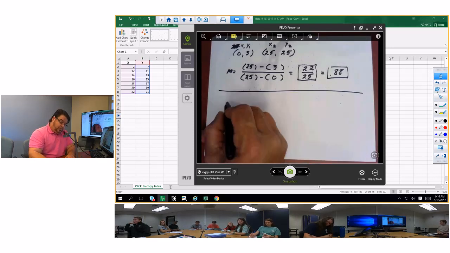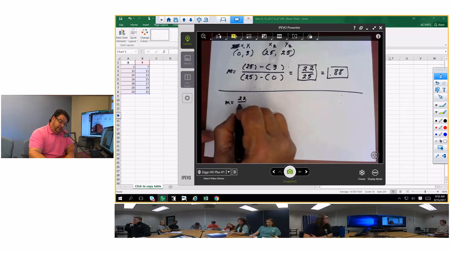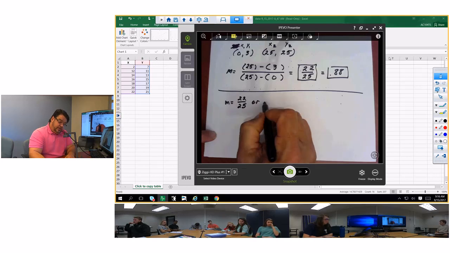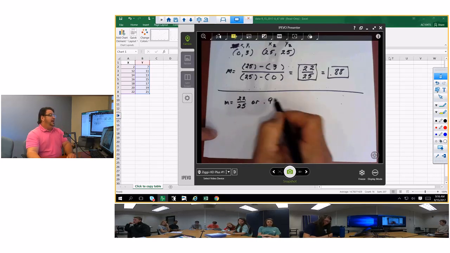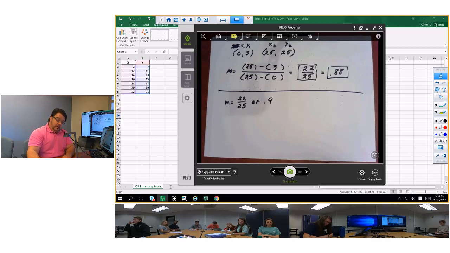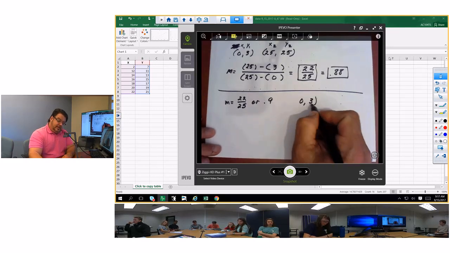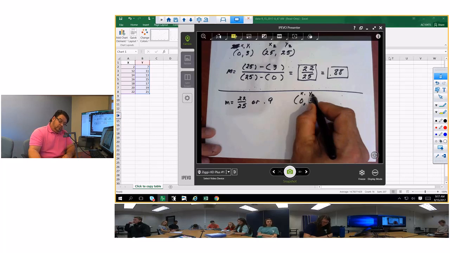So we've got a slope, m is equal to 22 over 25, or 0.9. You could use 0.9 if you want to. And then 0, 3. That's x sub 1, that's y sub 1.